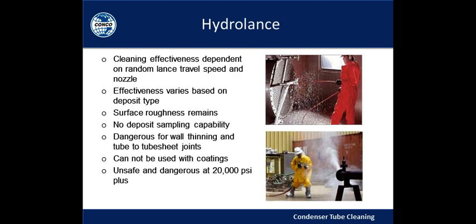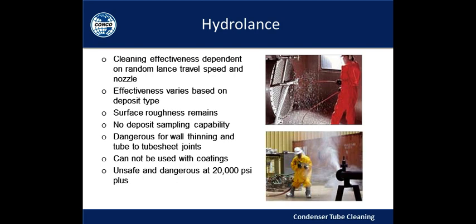Surface roughness remains. So in addition to deposits on the tube surface, you have some corrosion matter that's not effectively removed. The corrosion matter behaves in the same way as the residual deposits. Particulates accumulate on there faster, and it snowballs. Now, it can be dangerous as well for thinning tubes and tube sheet joints.